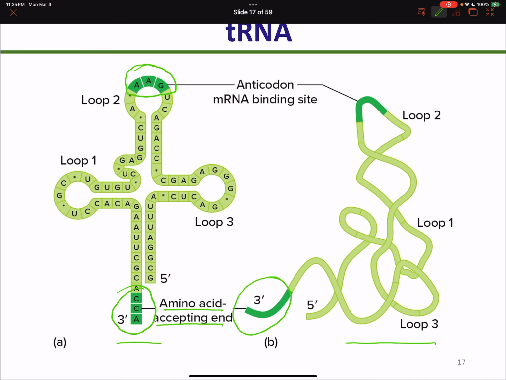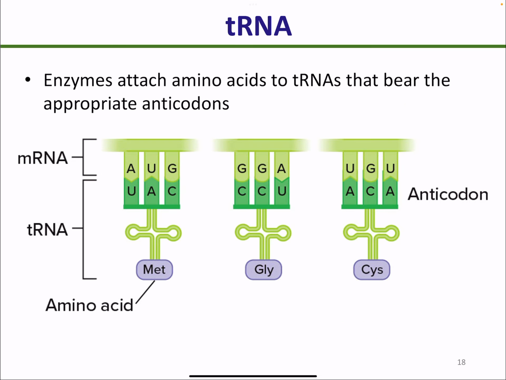All right, let me change the color here. Okay, so a tRNA, say you have a messenger RNA with the following sequence, AUG. That AUG is going to have an anticodon that is UAC.